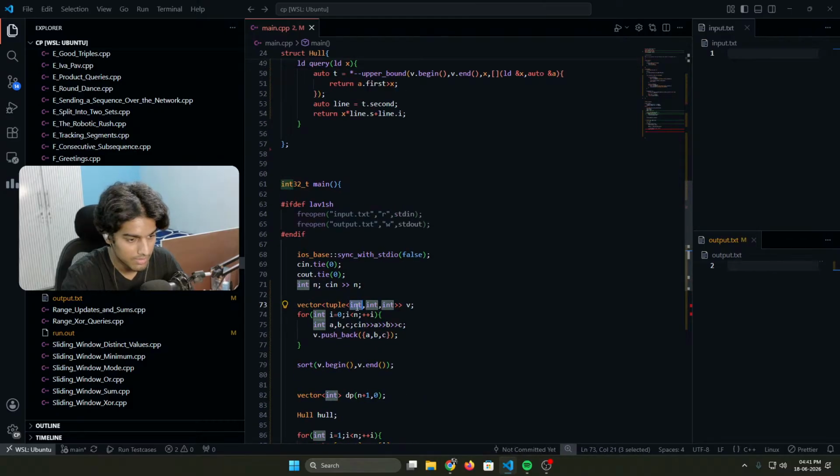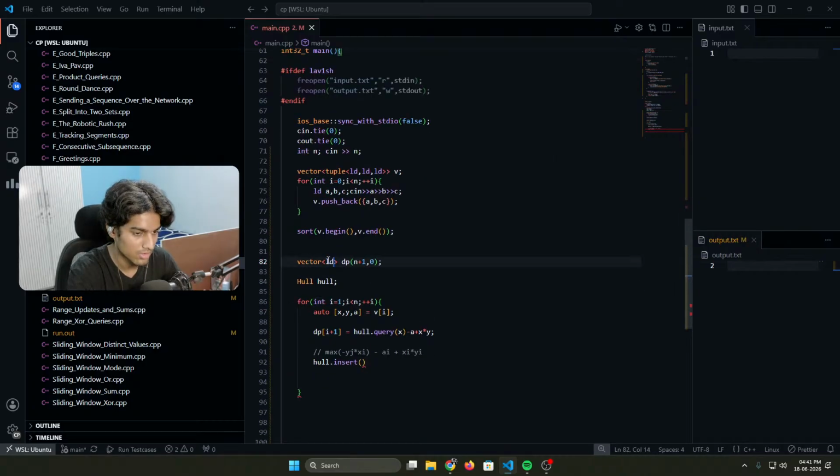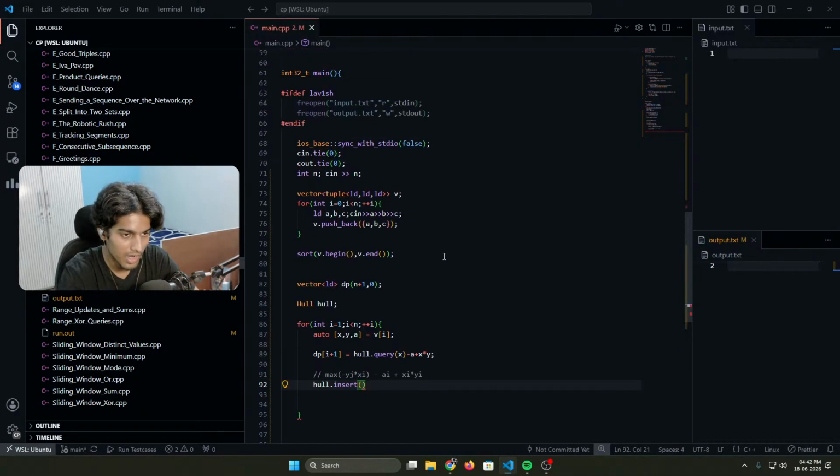I'm actually, let's create everything as, let's not use integers, just for safety. Let's also use LD here. We will see. But we don't know the slope. I'm inserting like a line, but I don't know.